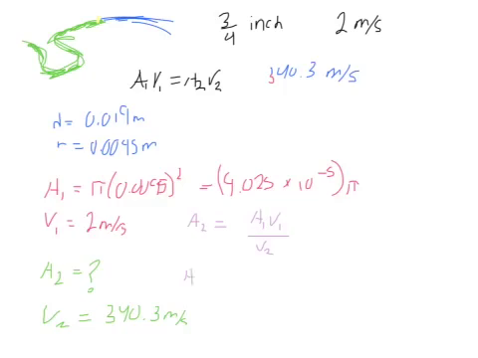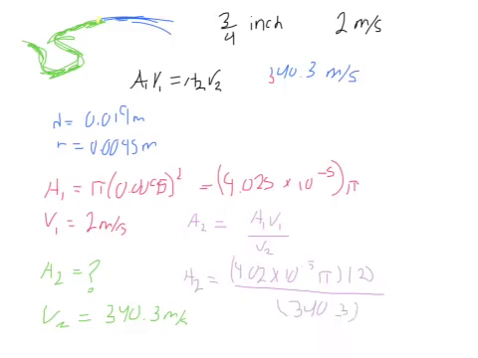So A2 is going to equal 9.02 times 10 to the negative fifth pi times 2 all over 340.3.